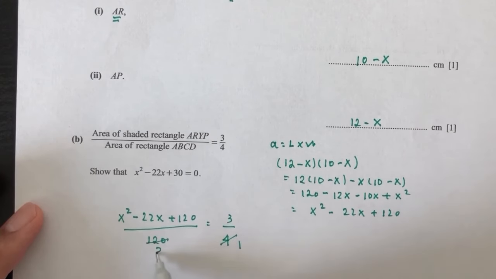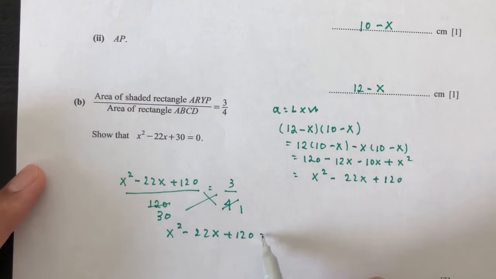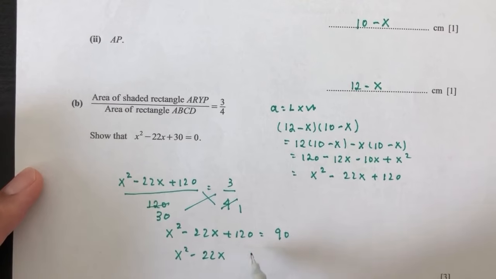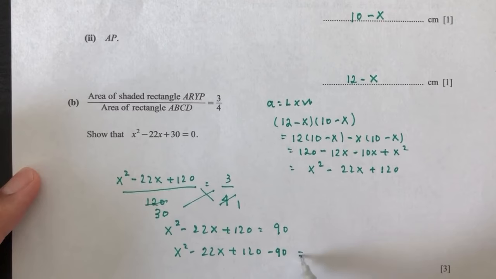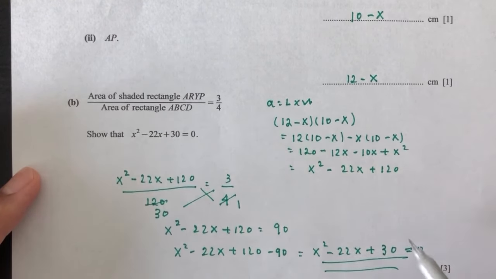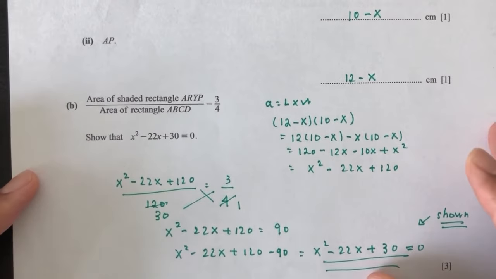We have 1, we have 3. Then we cross multiply. We have x squared minus 22x plus 120 equal to 90. So x squared minus 22x plus 120 minus 90 will be x squared minus 22x plus 30 equal to 0. So this is shown as required. So you write shown. Okay, so that was part B.